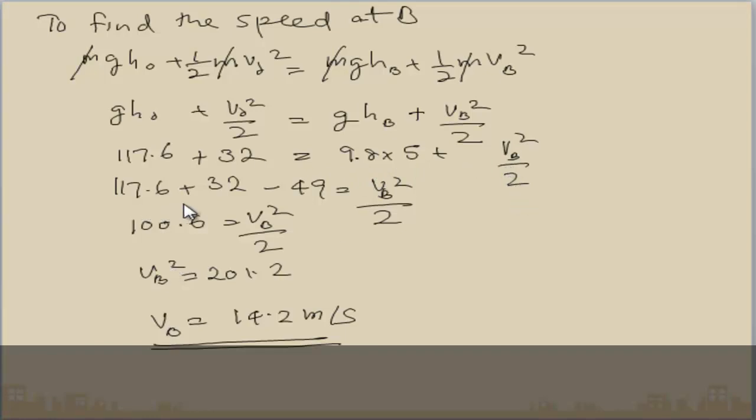So 117.6 plus 32 minus 49 equals vb squared over 2. 100.6 equals vb squared over 2. So vb squared equals 201.2. vb equals 14.2 meters per second.